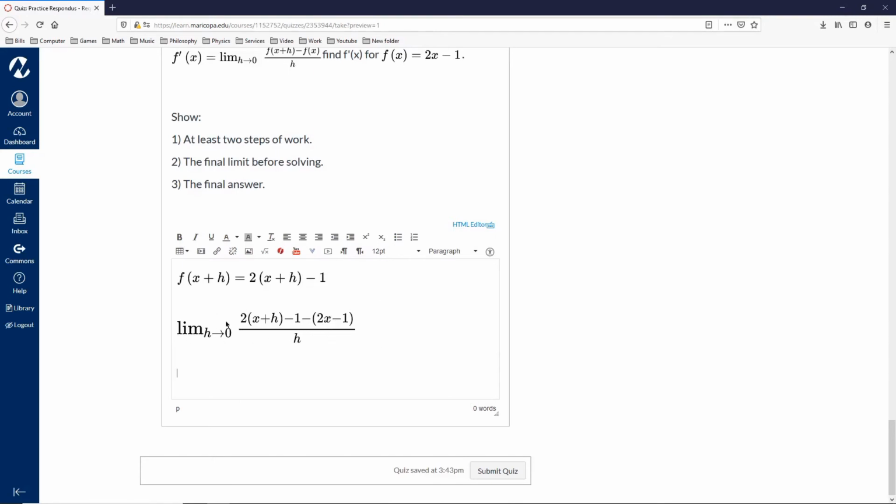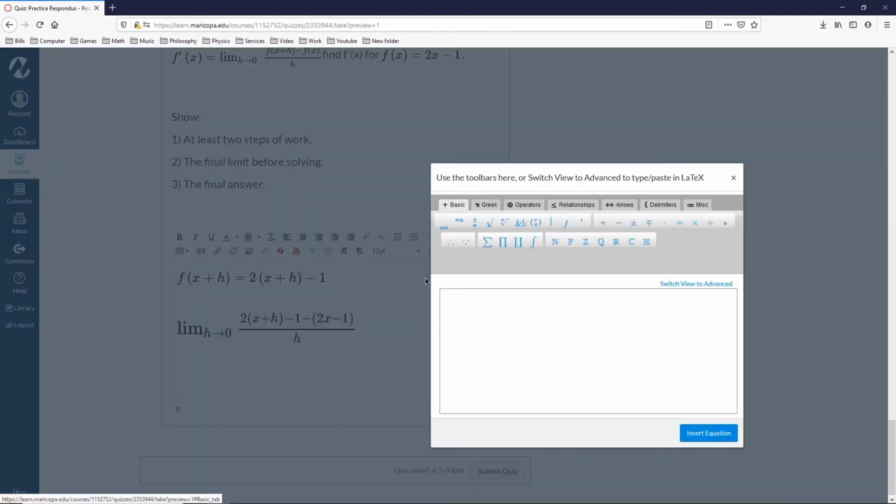And the next step would be to clean this up. So do some distributing, some subtracting out. So we would have distributing 2x plus 2h. There's our minus 1. And then minus 2x plus 1 all over h.